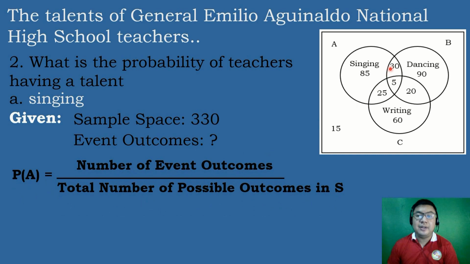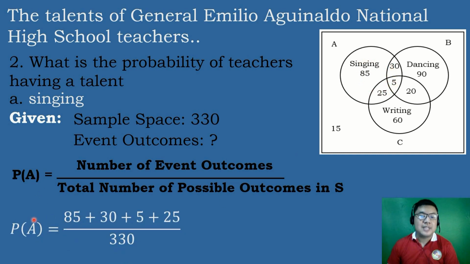To get the number of event outcomes, all we need to do is look at circle A, because A represents the teachers who can sing. So this is circle A, and what we need to do here is add all the numbers inside circle A and substitute it as the number of event outcomes.